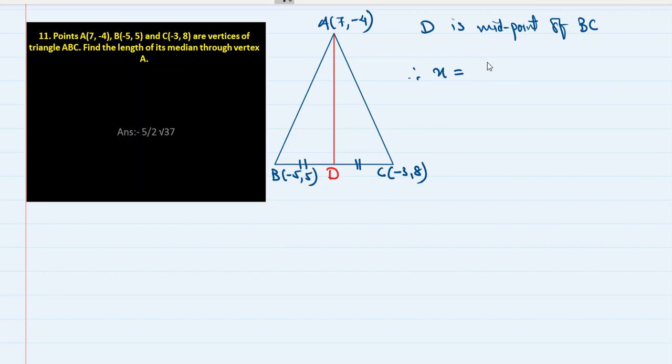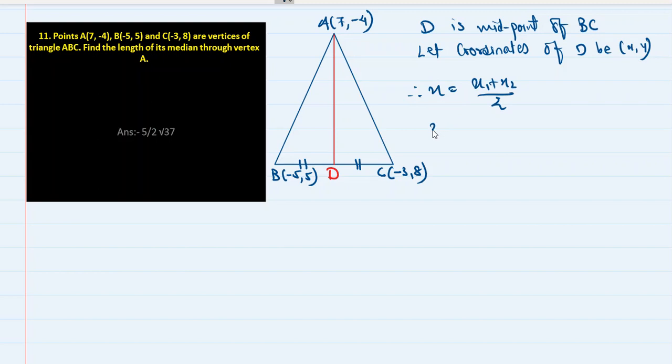Let the coordinates of D be X comma Y. Therefore, X is equal to x1 plus x2 by 2.